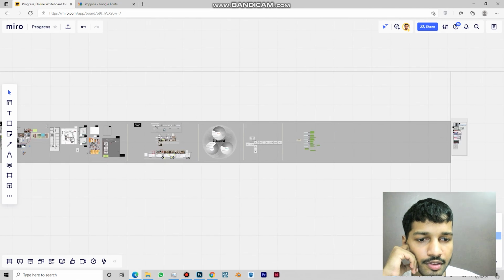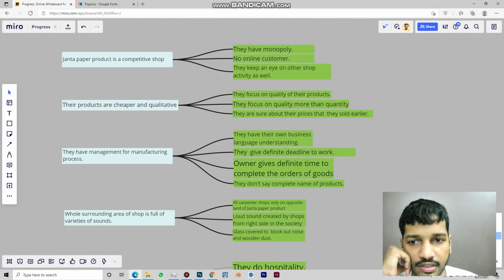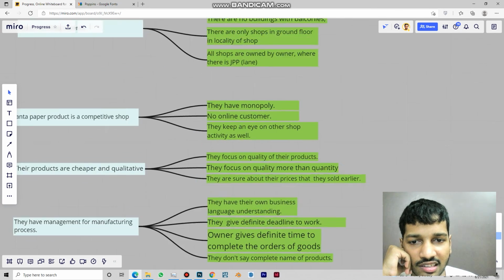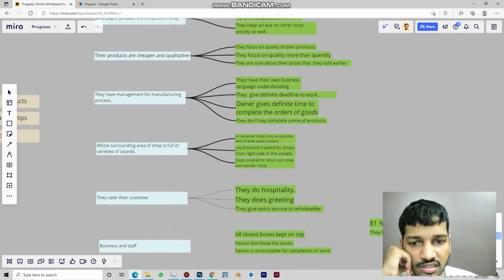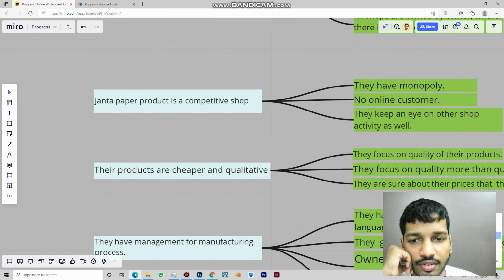That's how I came to this conclusion. The products are cheaper. They have a monopoly in online customers. They keep an eye on their stocks. So the conclusion I took out from all these is that they have a monopoly in online customers. They keep an eye on us. So the conclusion was that it is a competitive shop.